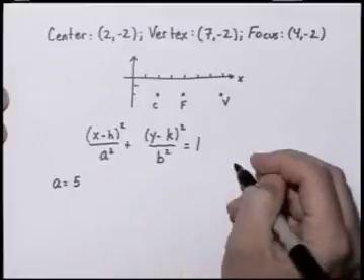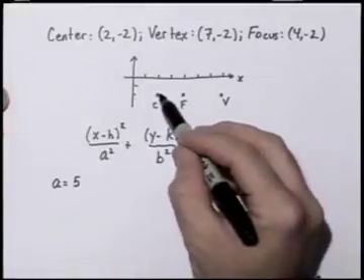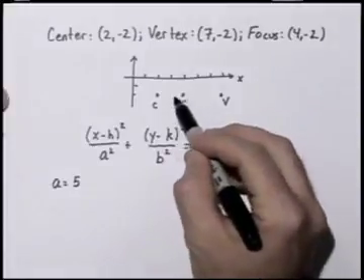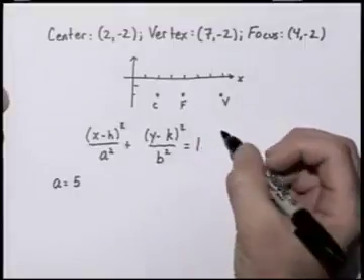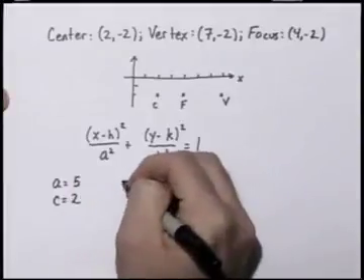So a is 5. c represents the distance from the center of the ellipse to a focus. The distance from the center of this ellipse to a focus is 2 units, so c = 2 units.